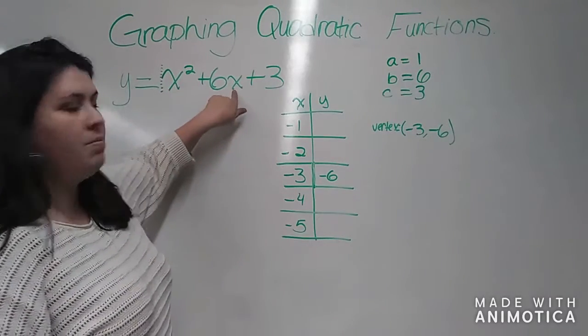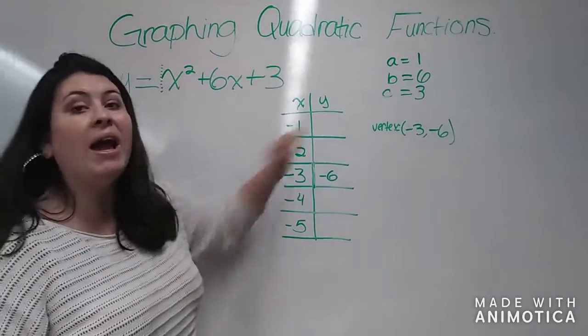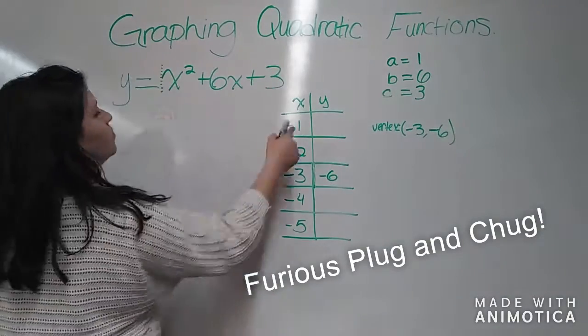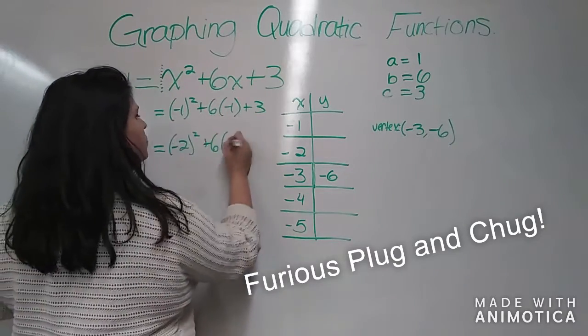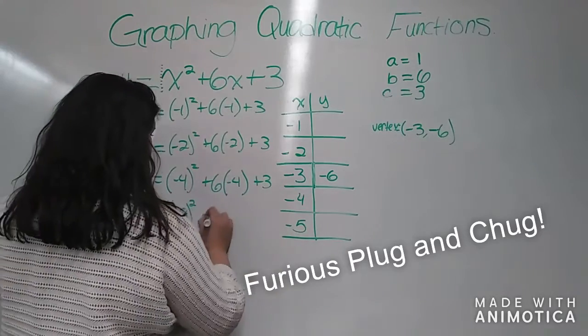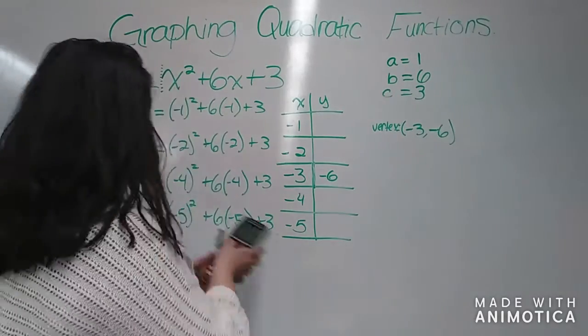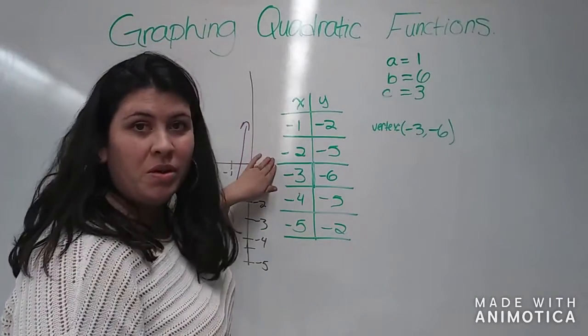We'll square it, multiply it by 6, add them to 3, add them all together to get our y coordinate. So we did some grunt work with our calculator.